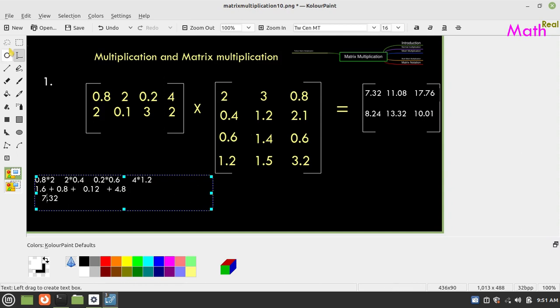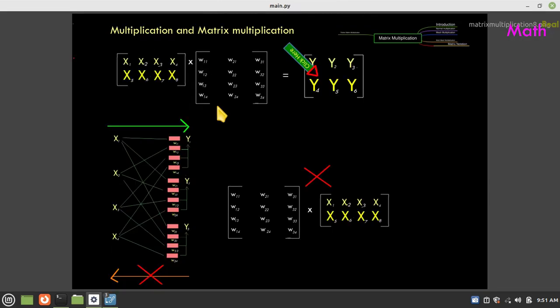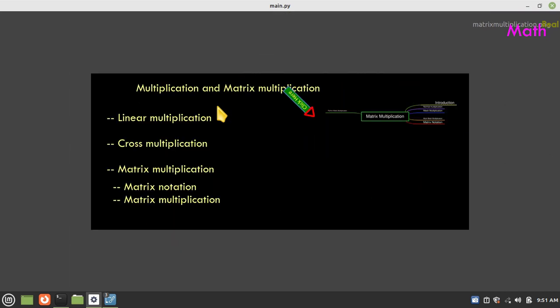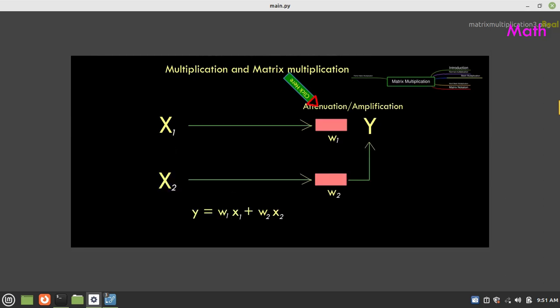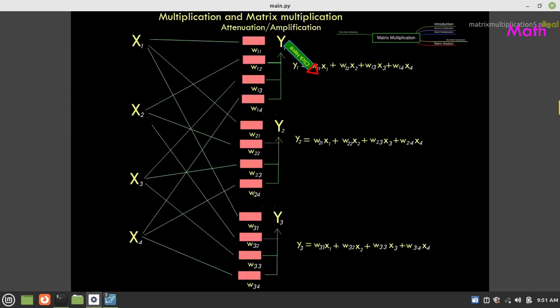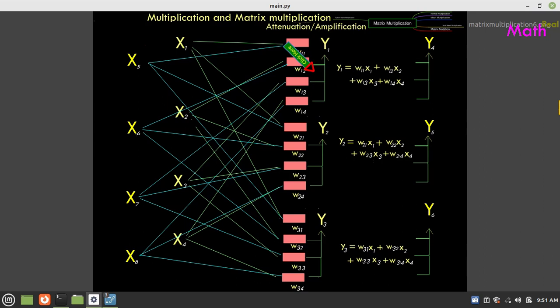So this is matrix multiplication. It is far easier than going with these complex notations. What we had was linear multiplication followed by a little complex, more complex, more complex. In reality, we saw that this much is not possible to show up.